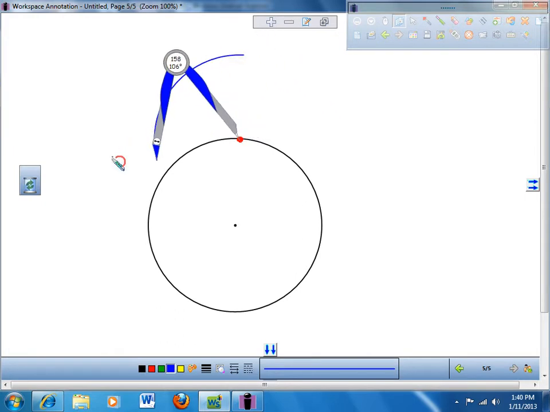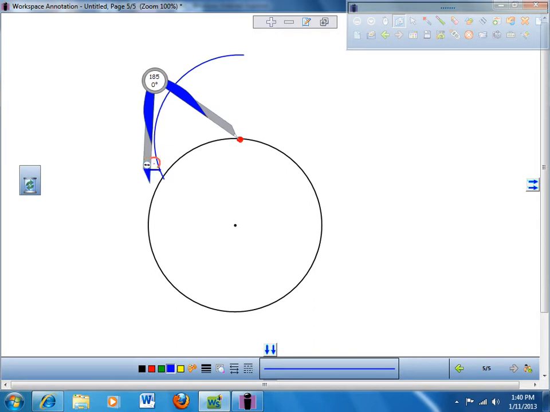I'm going to keep this at 158, or it's going to be wrong. It's close enough.